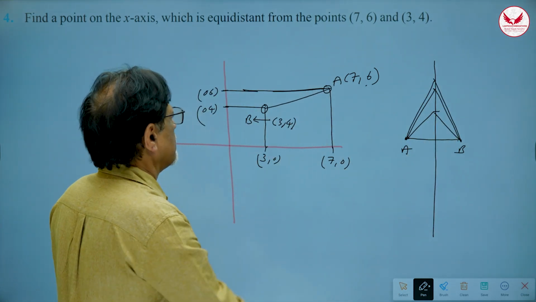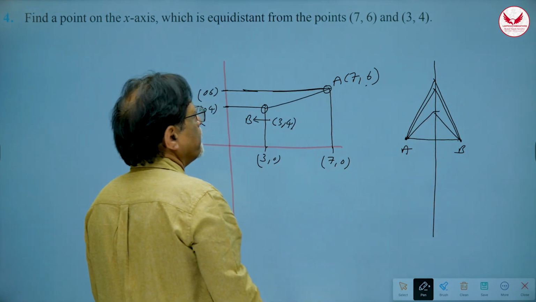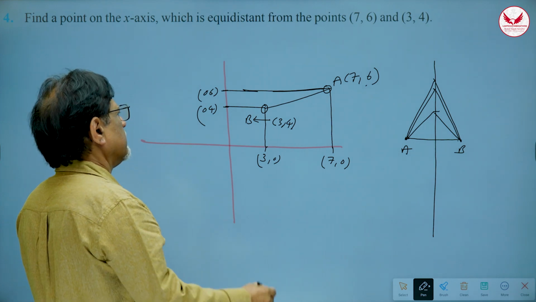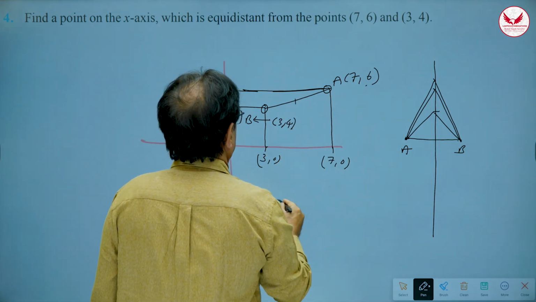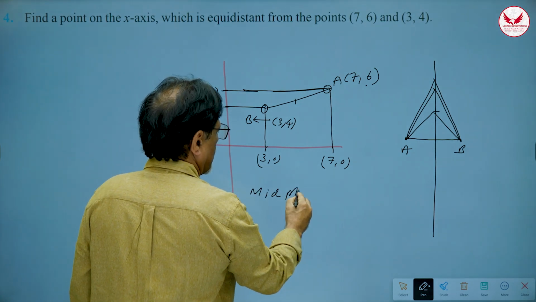This perpendicular passes through the midpoint of AB, correct? So here we can immediately find the midpoint of AB.